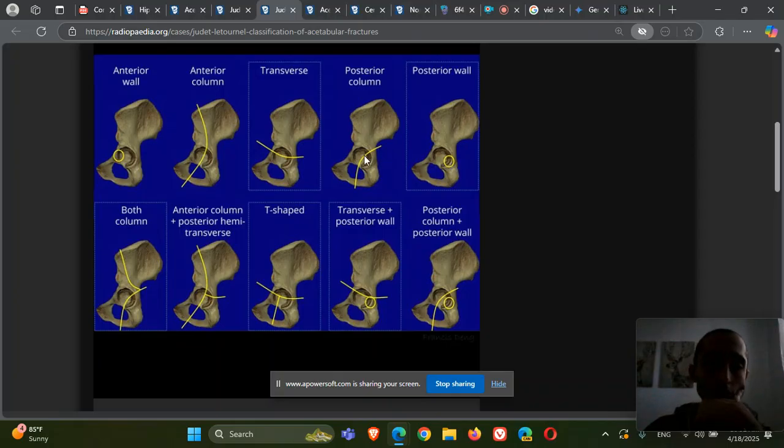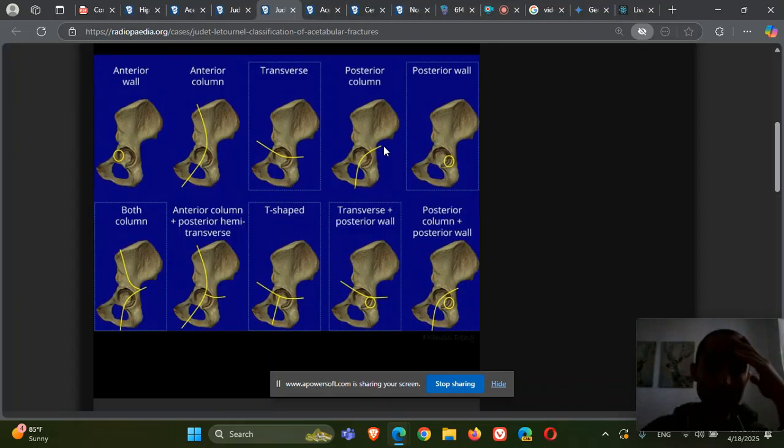You have the column, which is right over here. This is the posterior column. You have the anterior column, which is right over here, and each of them is called differently. And you have, of course, the transverse. So those are the basic ones. And then you have the combined ones. You can see that those fractures combine several types, two types.